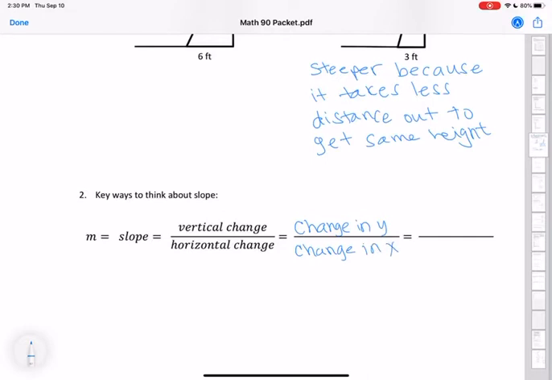And another way that we talk about this, you might have heard this before, it's called rise over run. So slope is rise over run. I kind of think of that change in y, since it's the up and down, it's kind of like the sunrise. So that's how I remember rise over run. Okay, so the rise goes first.